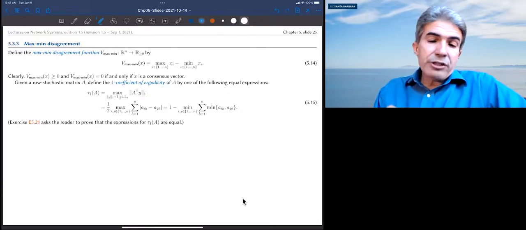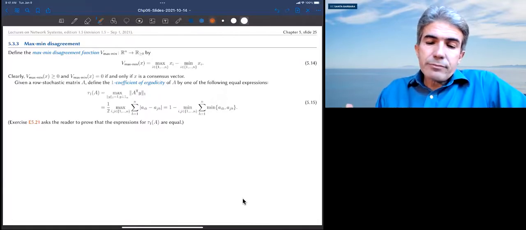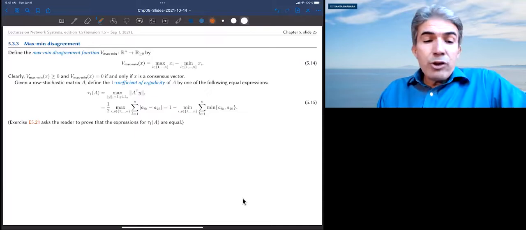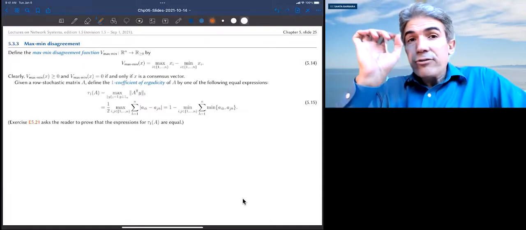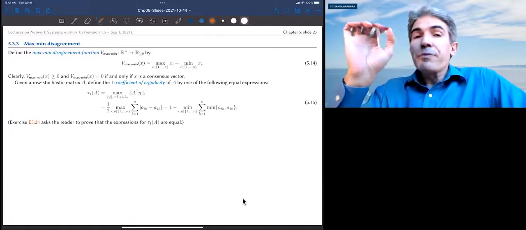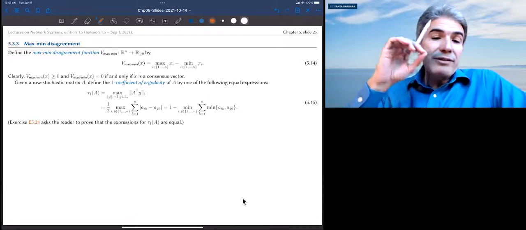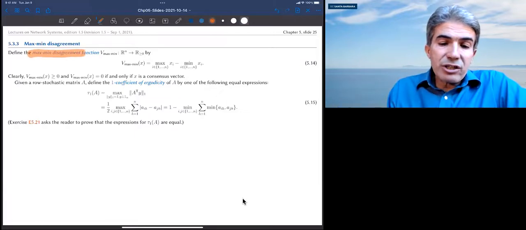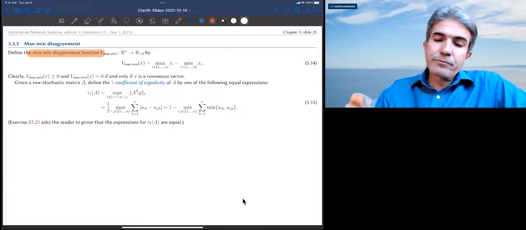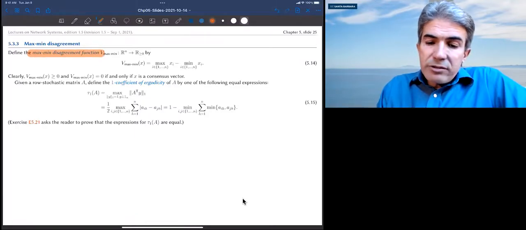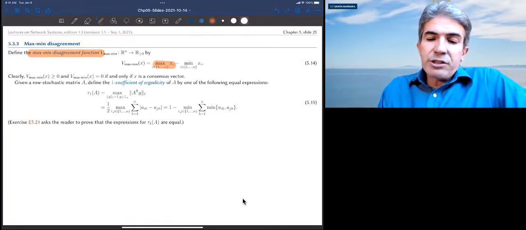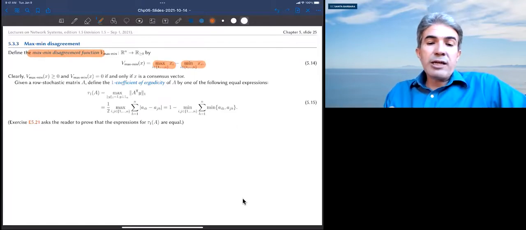So here's the way it works. I'm going to define a new disagreement function. Remember, the language is disagreement vector is delta and it has n entries. When I say disagreement function or quadratic disagreement or min-max disagreement, I mean to say a scalar. Here I take the vector x and I subtract from the largest entry in x the smallest entry in x.